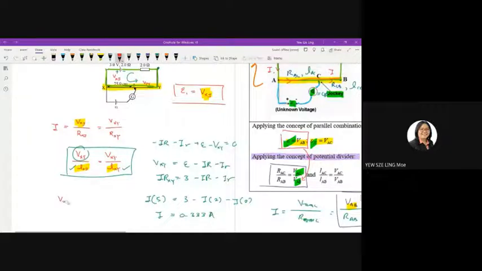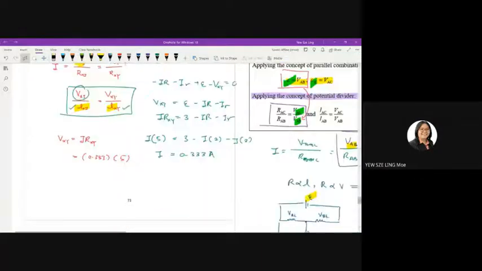So Vxy is equal to I Rxy, which is 0.333 times 5, which gives you Vxy equals 1.67 volt.